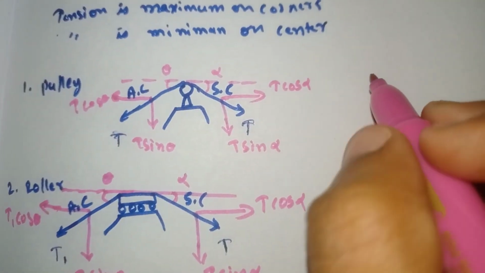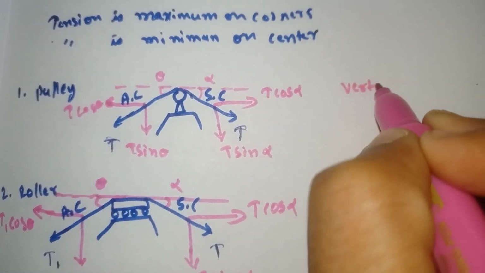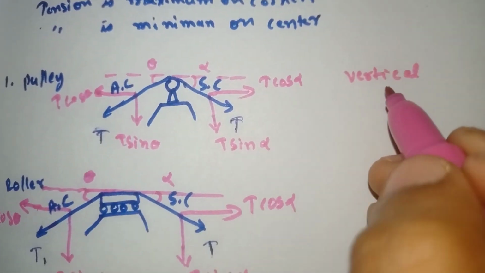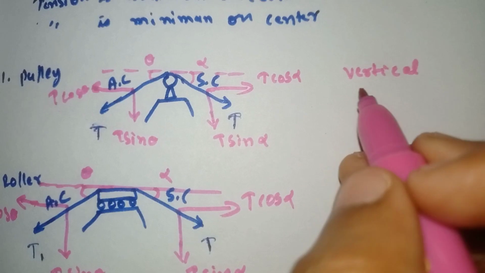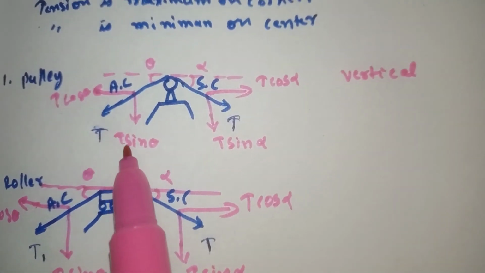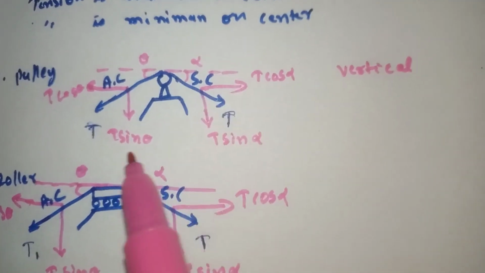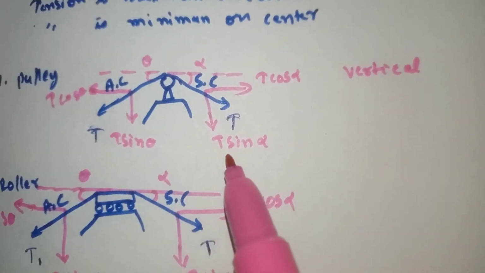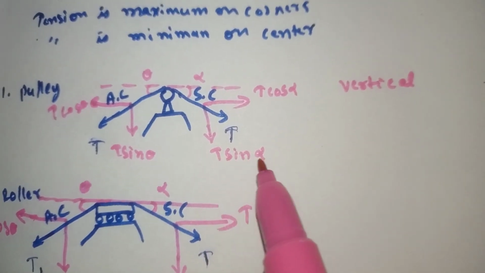So we'll see the vertical forces. For pulley support, the vertical forces are T sin theta and T sin alpha.